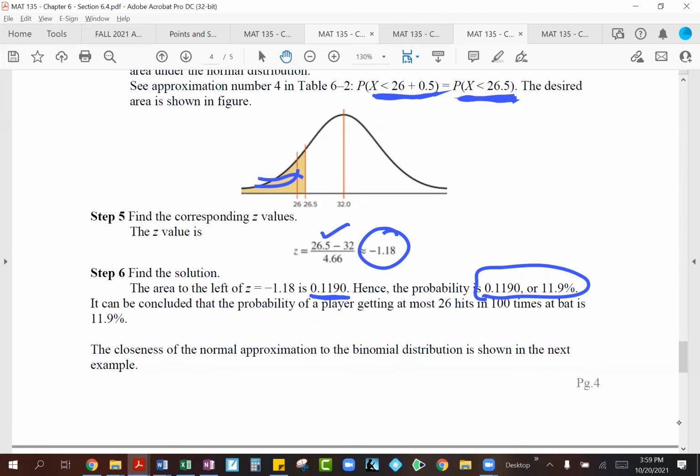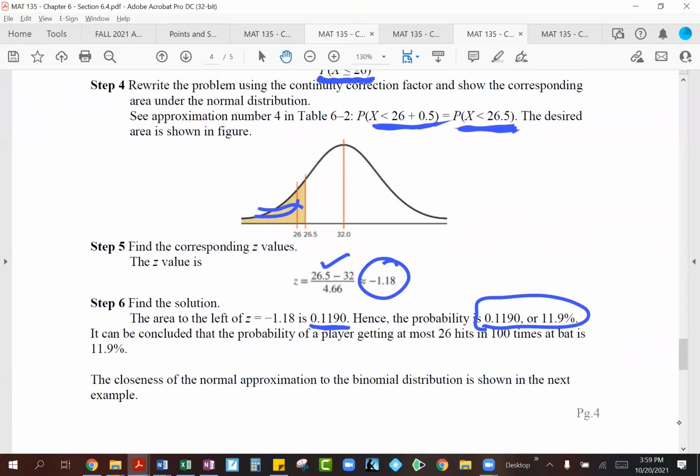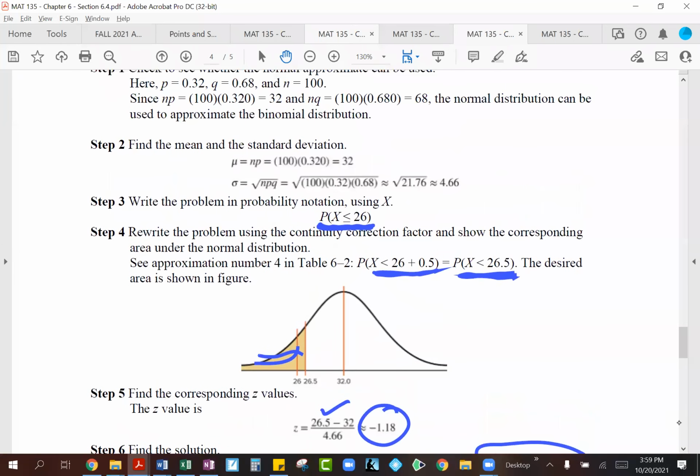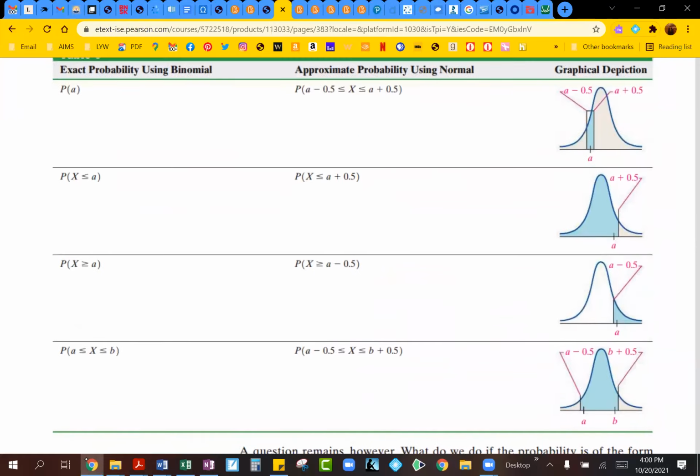So really the only thing, your calculations and everything are going to stay the same. The only difference is going to be when you first come up with your probability notation, you will have to make that approximation based on your correction for continuity. So the only difference is going to be once you come up with this little notation over here, make that adjustment based on this correction table over here.